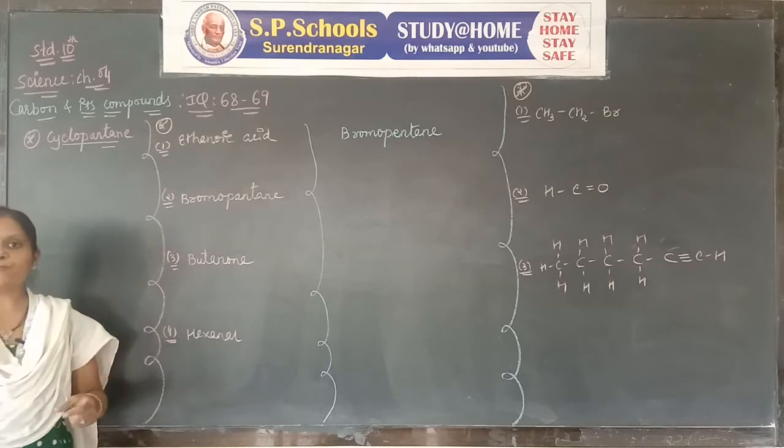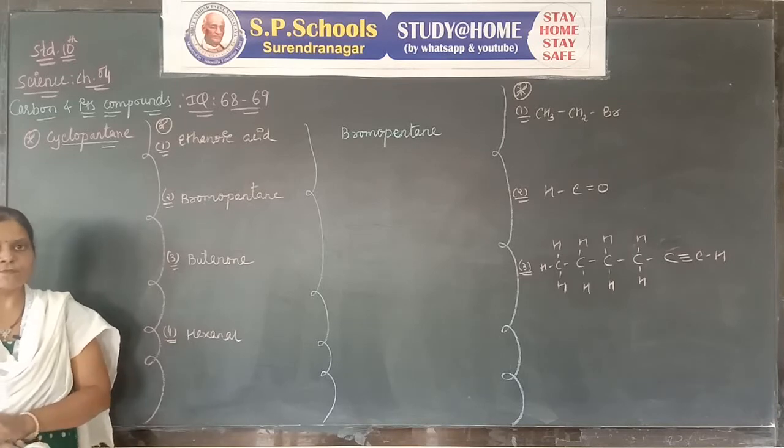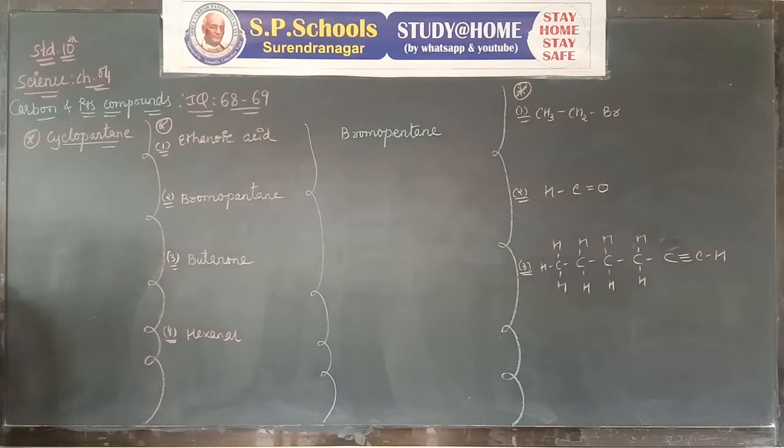Two properties we already studied: catenation and tetravalency of carbon. So we don't write again, but you have to learn by heart for these two questions. Let's go with the third.